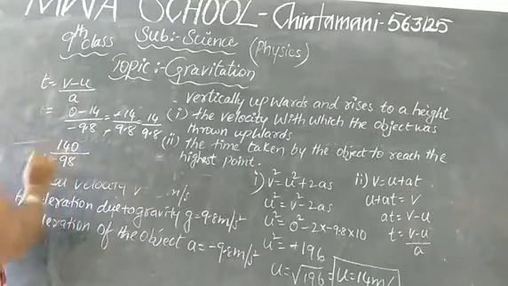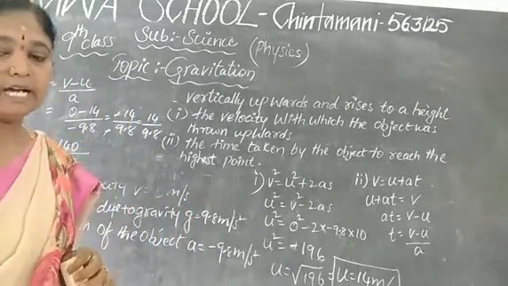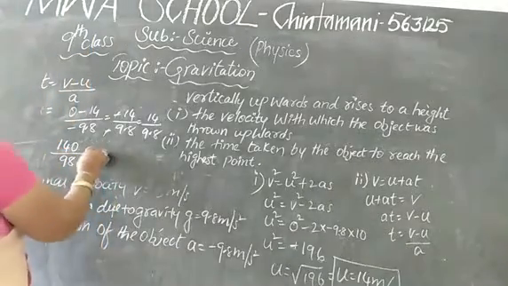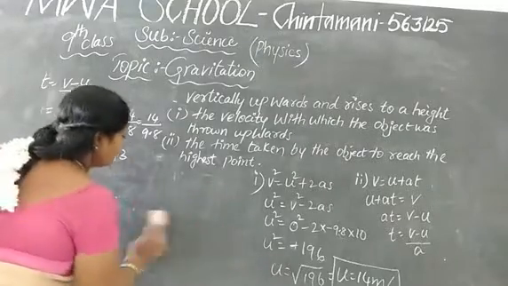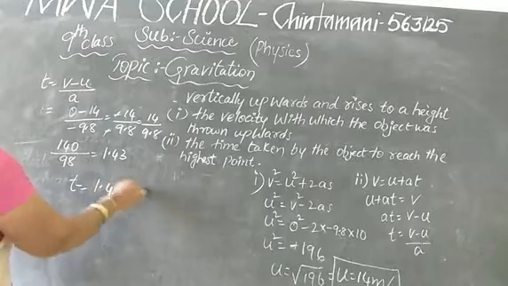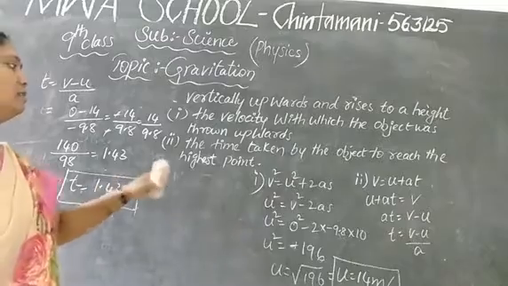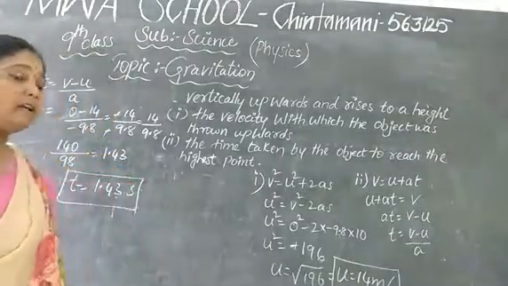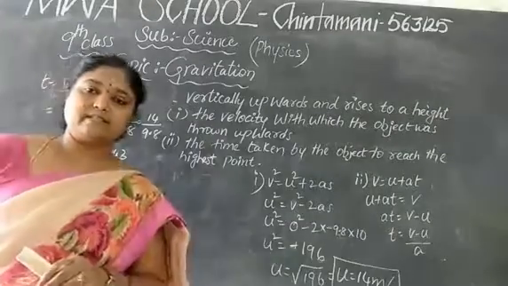So 140 by 98. We'll get the answer as 1.43 seconds. What is the time taken? T is equal to 1.43 seconds. So we got the first one, the initial velocity as 14 meter per second, and also we got the time as 1.43 seconds.